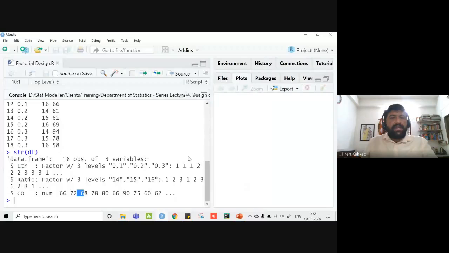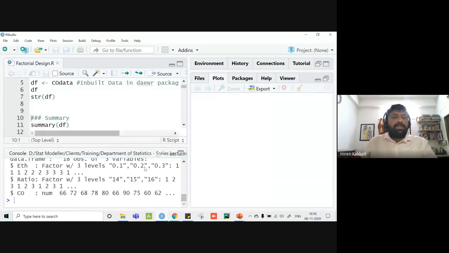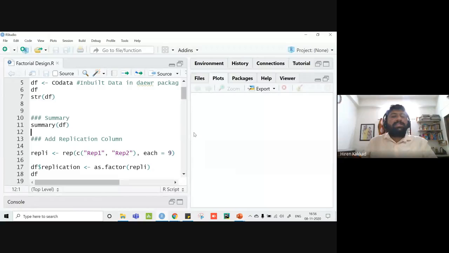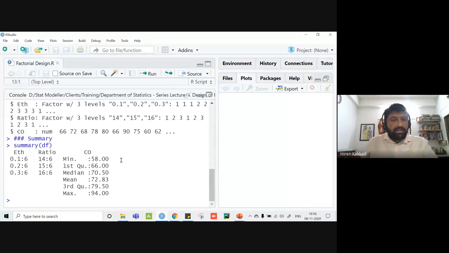Now, just to identify, I would like to add one more column over here, that is replication, so that in the analysis we can use that. Before moving to that, let us find the summary of the data. So summary of the data frame gives the minimum, first quartile, median, mean, third quartile, and maximum. This is the 5 parameter summary.